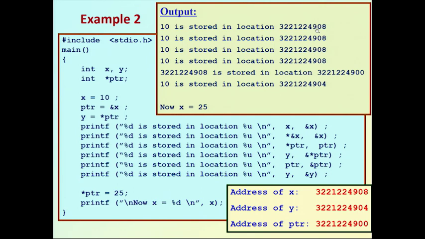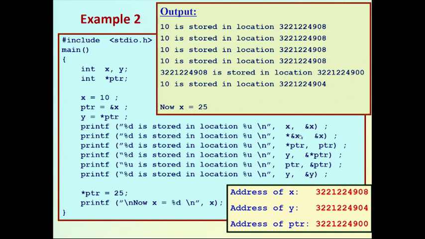It is stored there. Now in the next line I am printing *&x and &x. &x is the address of x, and *&x means what is stored in &x, the value of x.